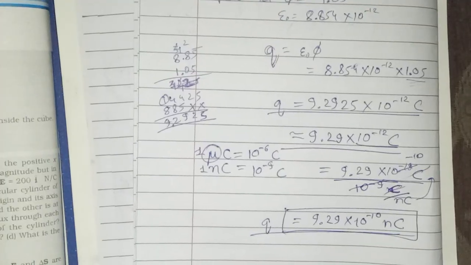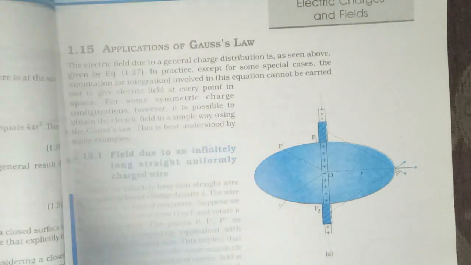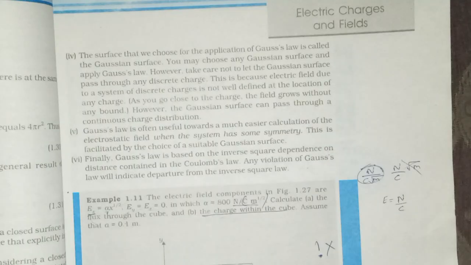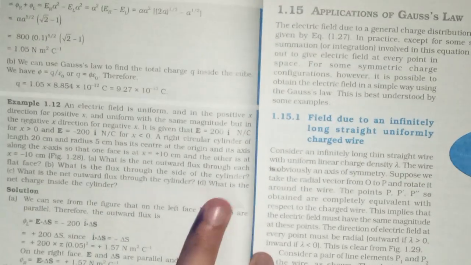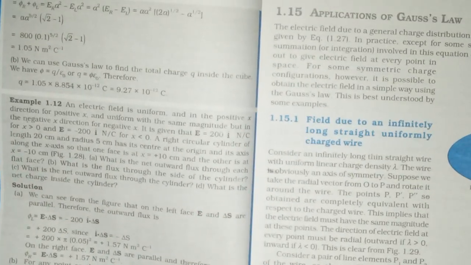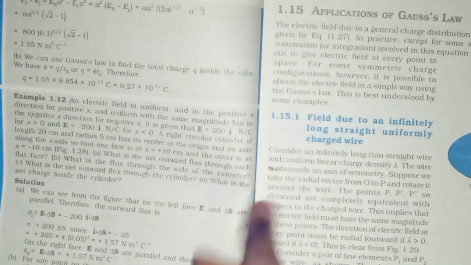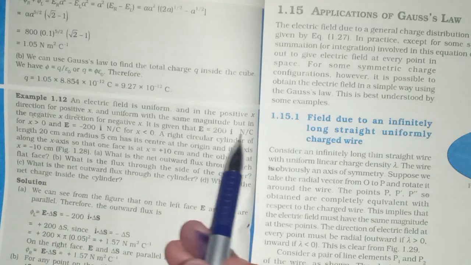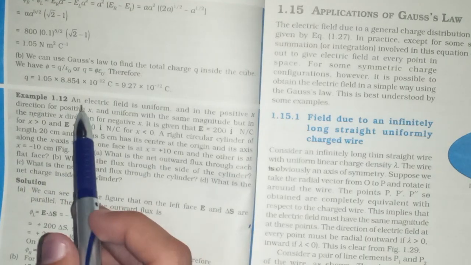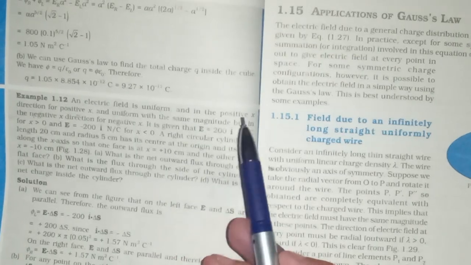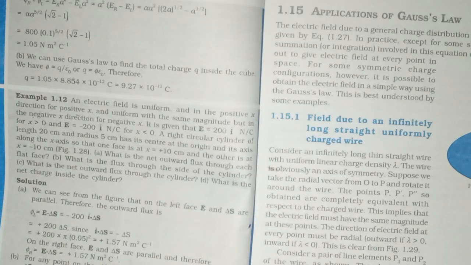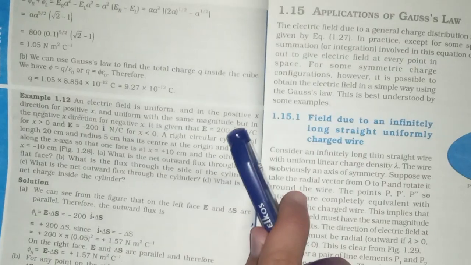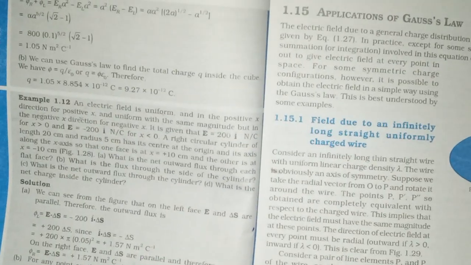So with this numerical done, let's see if we can even do this big question. So big. The electric field is uniform in the positive x direction for positive x, and uniform with the same magnitude but in the negative x direction for negative x.